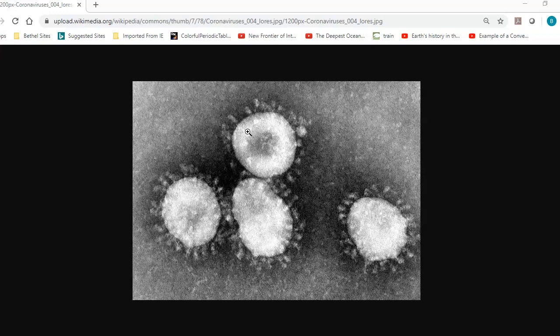I've not yet been able to find out what kind of viral load coronavirus requires, but I do know that it is a bit more contagious than influenza, so I suspect that its viral load, the number of viruses that you would actually have to contract, maybe isn't as high, but I'm guessing in that regard. I do know that it is not an airborne virus, but it can hitch a ride on droplets.